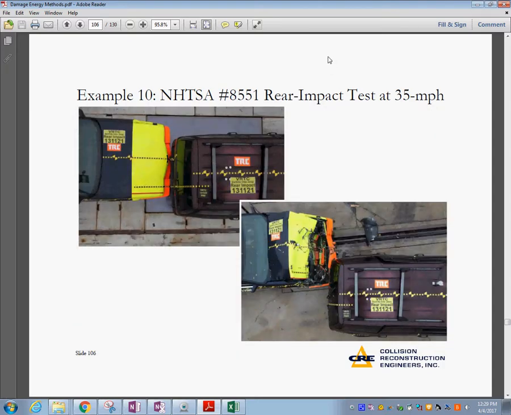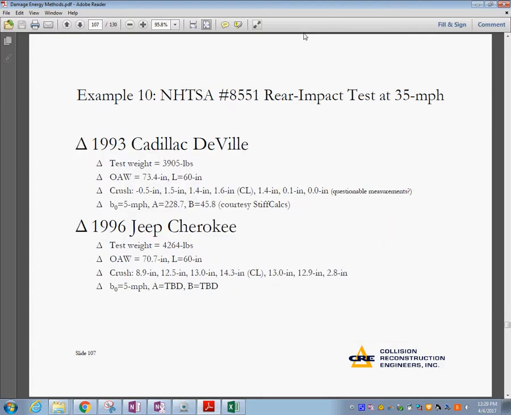So here's the collision. Here we have a 1993 Cadillac DeVille, 3,900 pounds. The dimension is 73 times 60 inches.